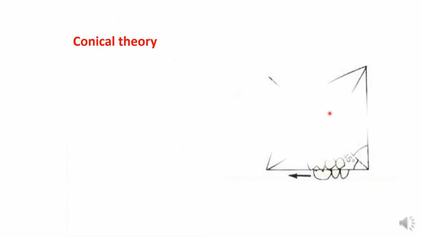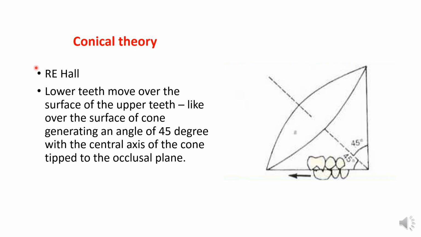Next we have the conical theory. It was proposed by R.E. Hall. He says that when the lower teeth move over the surface of the upper teeth, you can see the lower teeth and here the upper teeth, when we are protruding, when you are bringing your teeth forward, it looks like the surface of a cone, which generates an angle of 45 degrees with the central axis of the cone, and the central axis is tipped towards the occlusal plane.